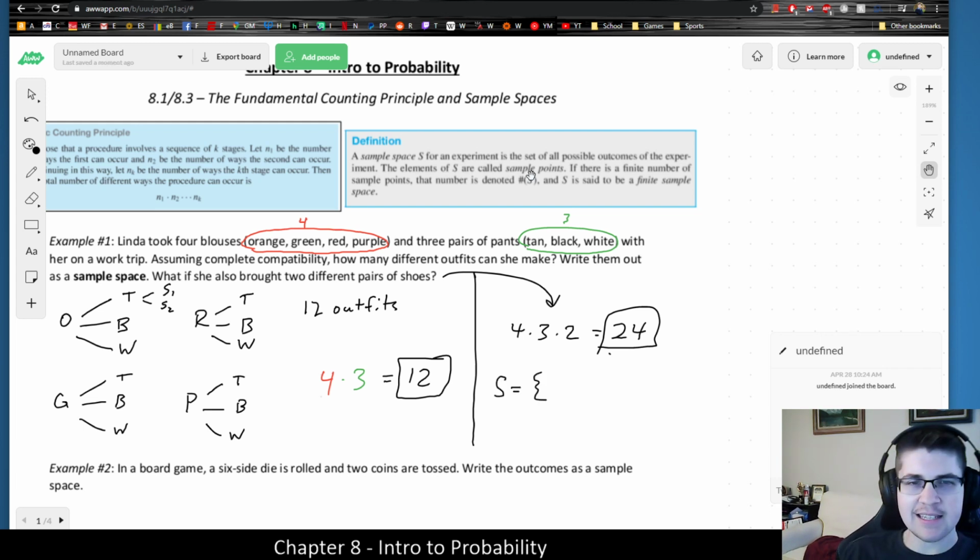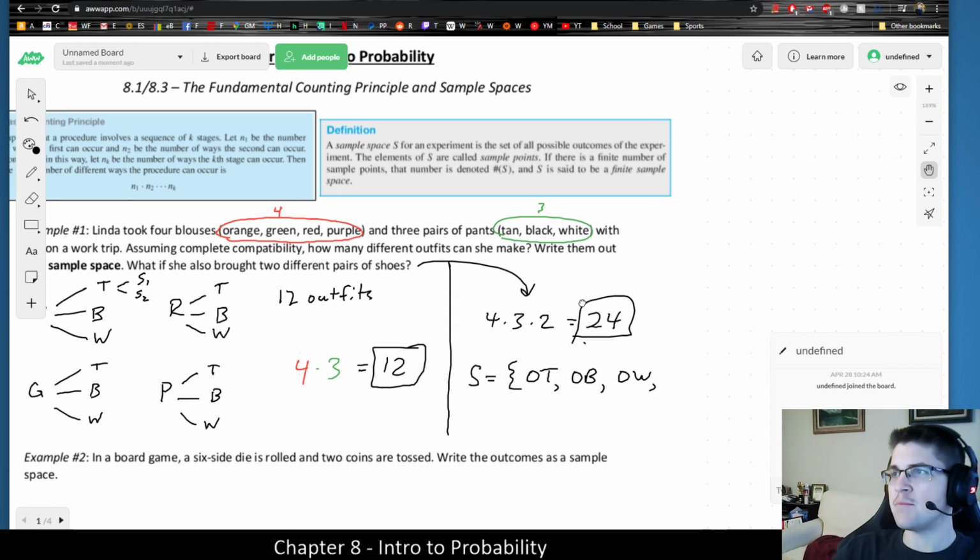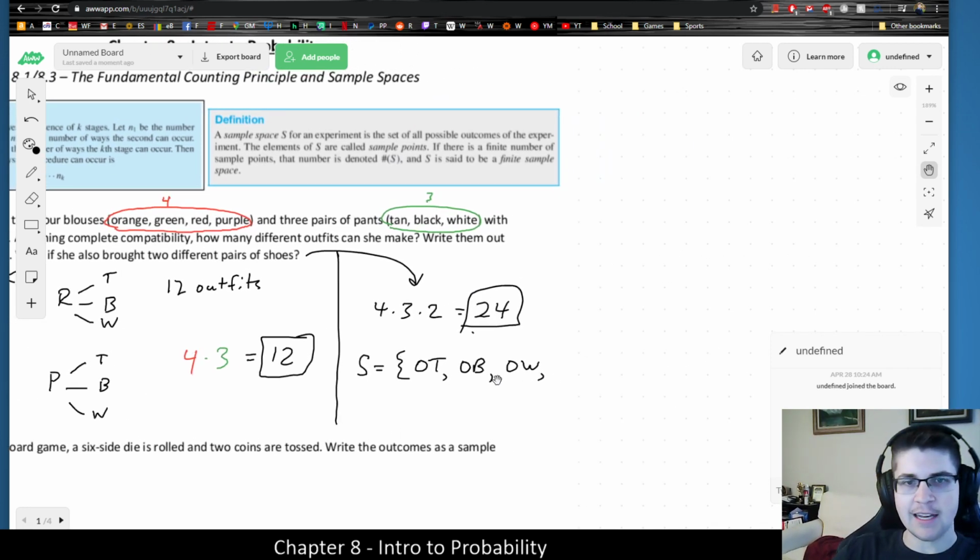Like I said before, we could describe one outfit as OT, which would be orange shirt with tan pants. Or we could write it as OB, OW. Basically, I'm just writing a mathematical set that includes all of the outfits, where there's some sort of meaning to what I'm writing in there, often denoted by letters or numbers, depending on the context.